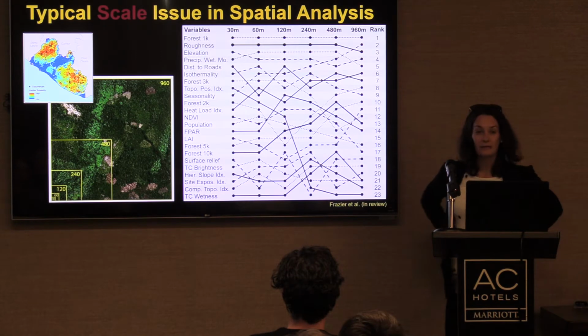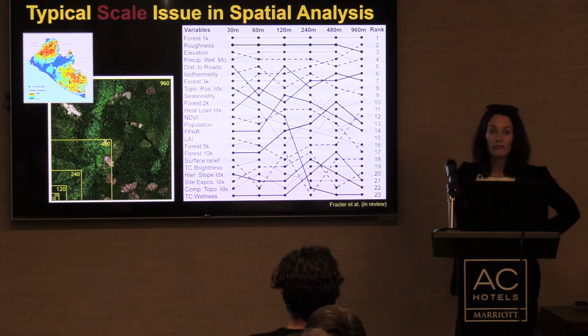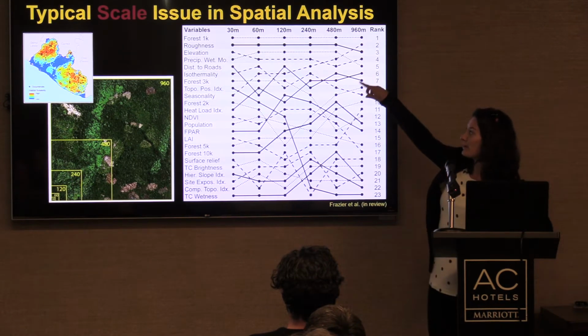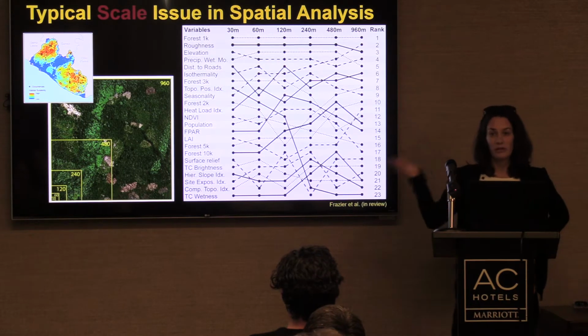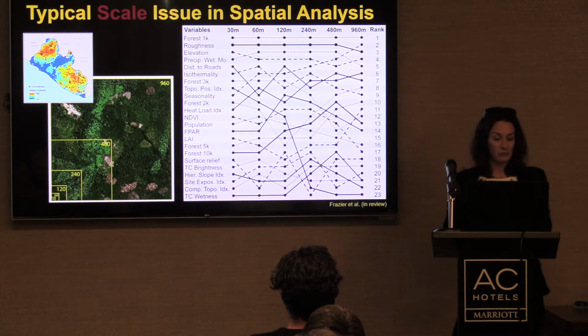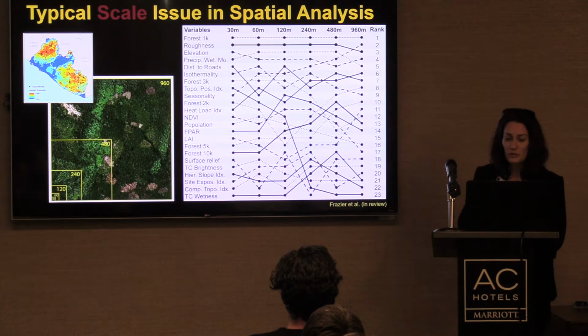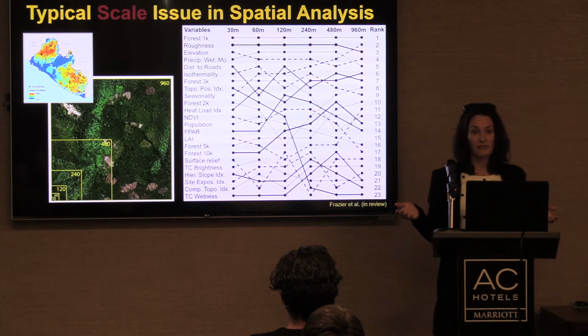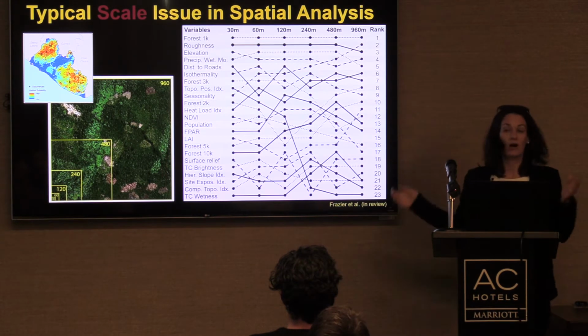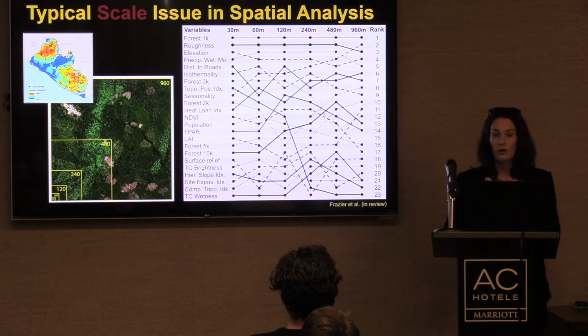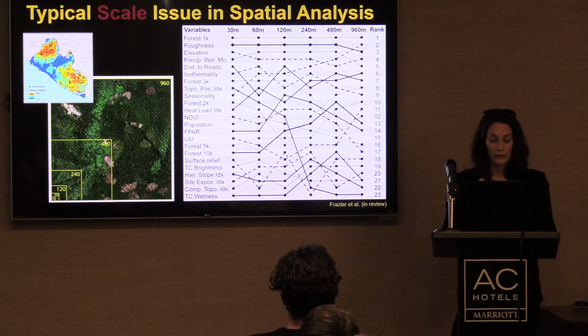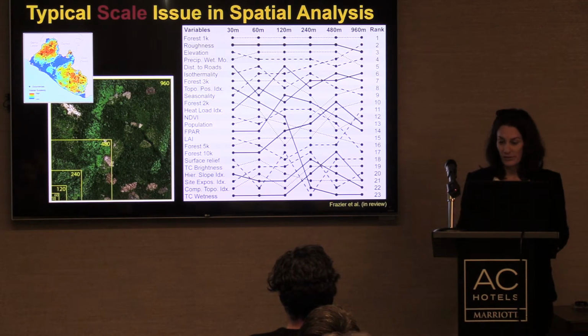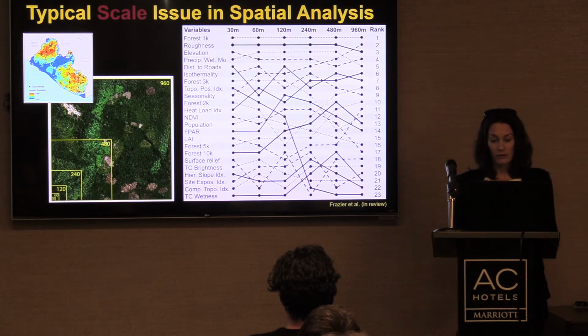The only one that stayed in the same rank across all of our different scales was the top one there, which was basically the amount of forest within a kilometer of where we had a chimpanzee sighting. And so we know these issues are present in geography and in landscape ecology. We have these sorts of issues when we're doing analyses at different scales. So that's our scale issue.